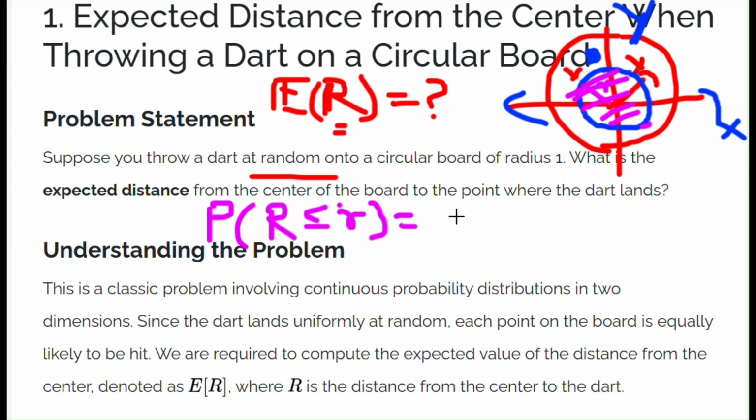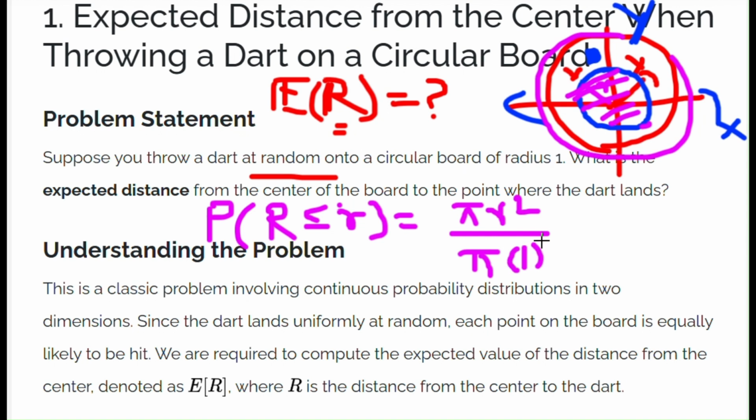Now this would be the area of the smaller circle divided by the entire area of the bigger circle, which means pi r square divided by pi, as the bigger circle is given in the question to be radius 1. So this becomes pi times 1 square. This is equal to r square.